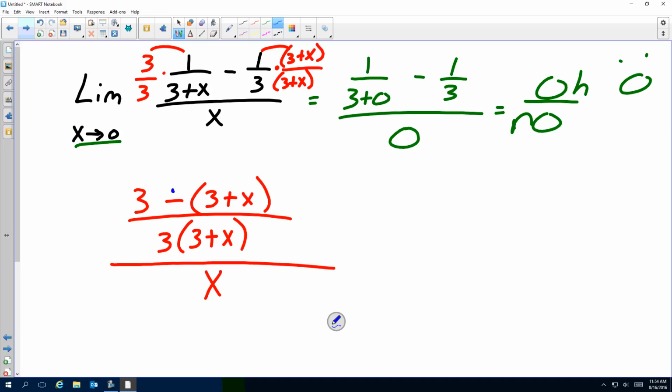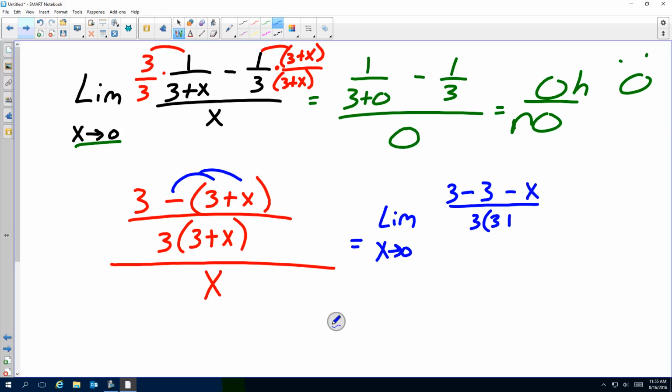I have a negative sign, so distributive property tells me to kind of move it over. So now this says the limit as x approaches 0. Well, this is now 3 minus 3 minus x all over 3 times 3 plus x, all divided by x.